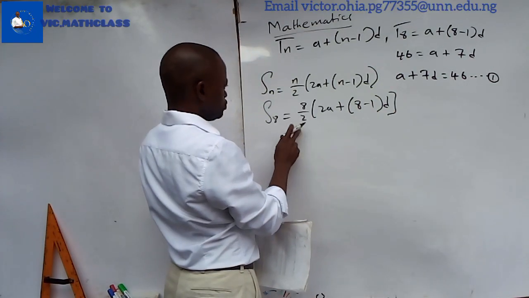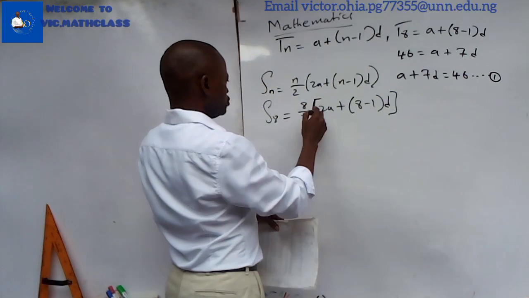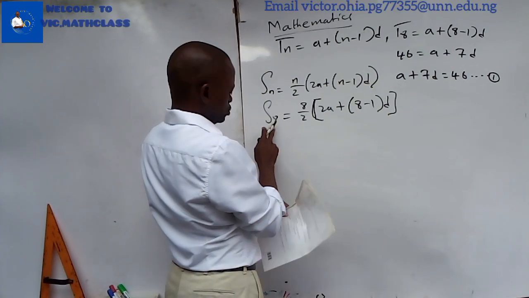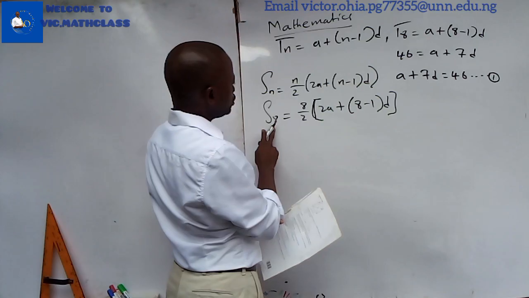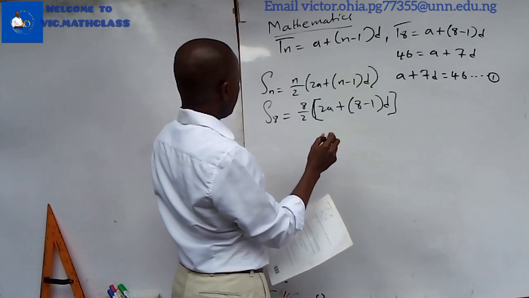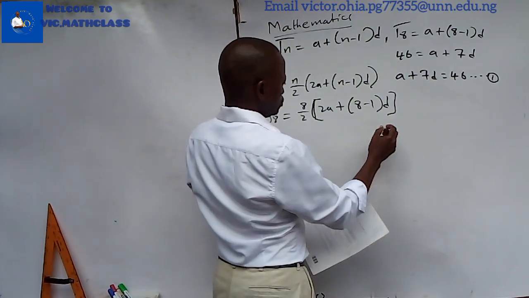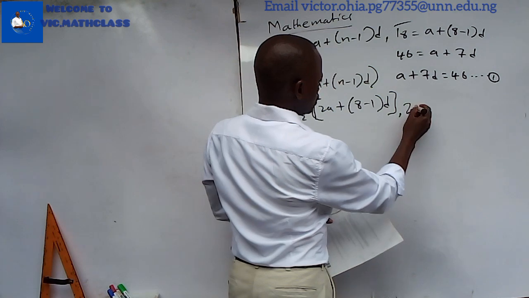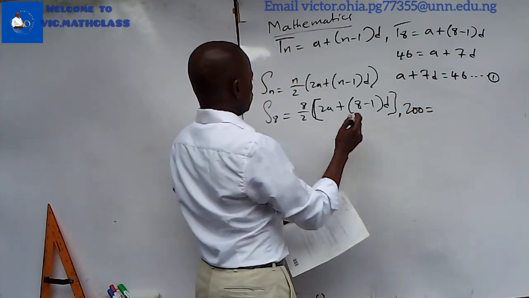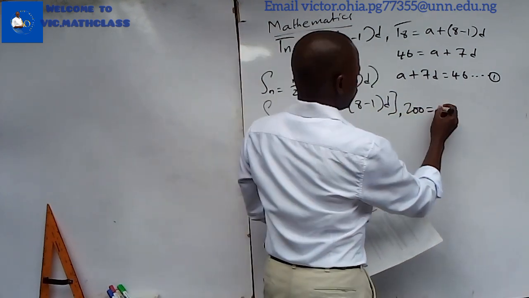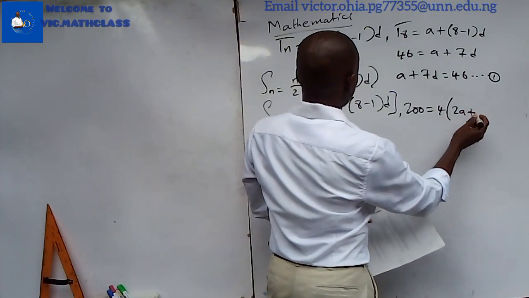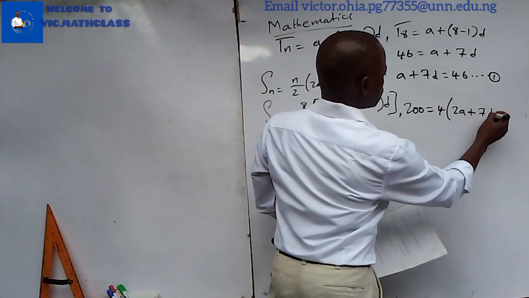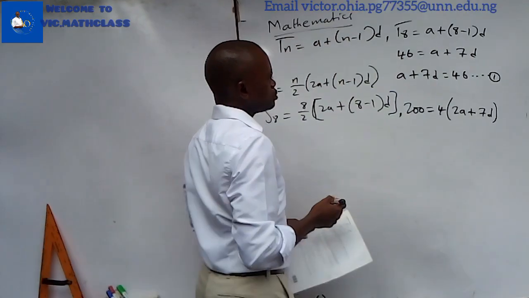This gives us 200. So I'm going to rearrange it so that 200 equals 4 in bracket 2a plus 7d.